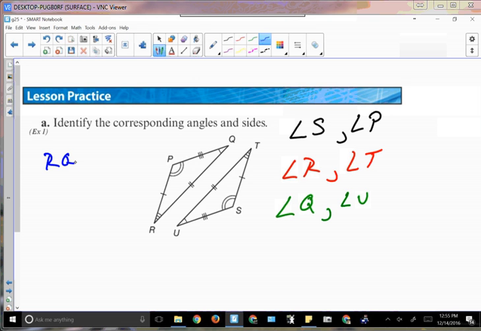What would I say? What's the word that we use to identify what that is? Put the line, okay, we got to put the line across, so that means it's a segment. So RQ goes with, you said segment what? UT. Got to make sure the order gets.